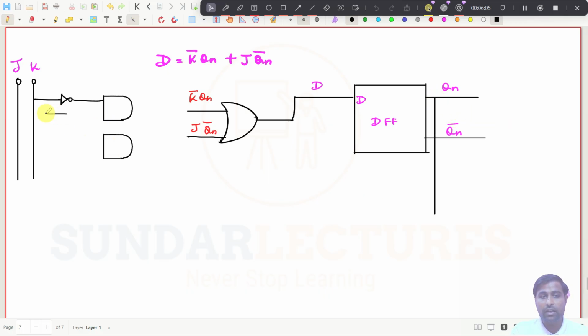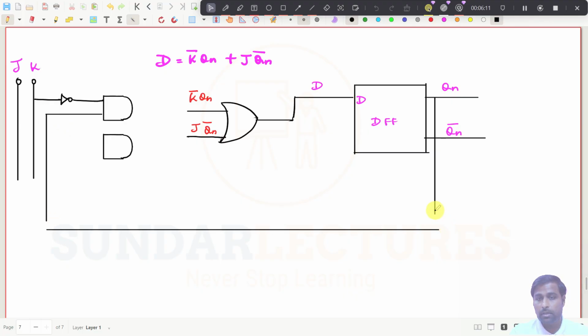So I will go from here. This should come from Qn, and it should be connected to this point. That means we have here K bar and then this is Qn.